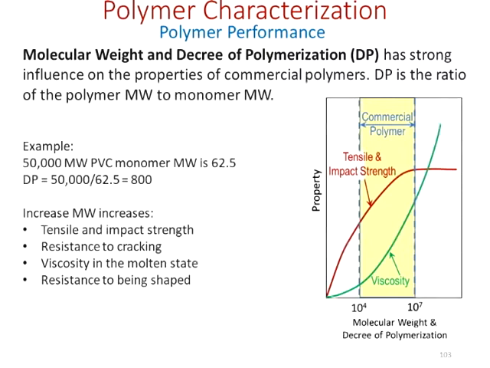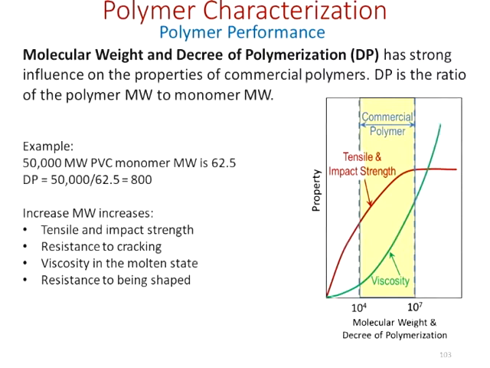Now, having said all that, what's important? The diagram on the right shows you what tends to be important when it comes to commercial polymers. You have the properties versus the molecular weight and the degree of polymerization, the DP or the PDI, polydispersity index.